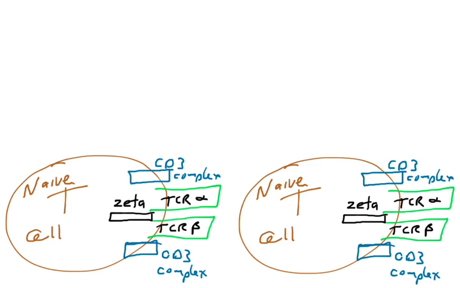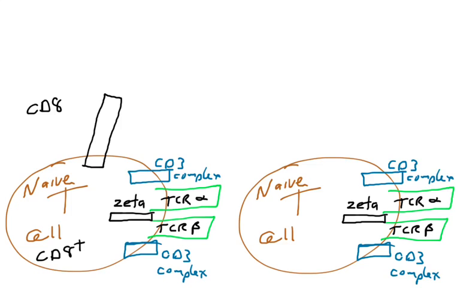So there's two more proteins that can be found on the surface of T cells that we need to talk about, what those proteins are and what their function is. Let's start with the CD8 protein complex. So if the CD8 proteins are found on the surface of the cell, we're going to call the cell a CD8 positive T cell.